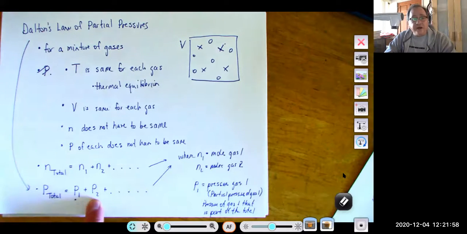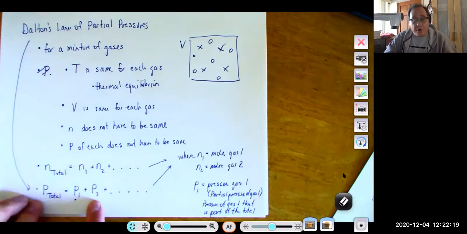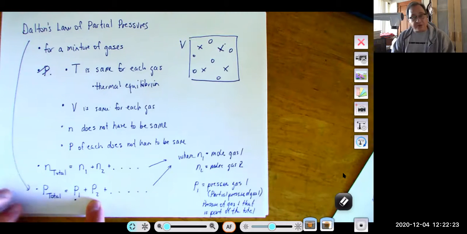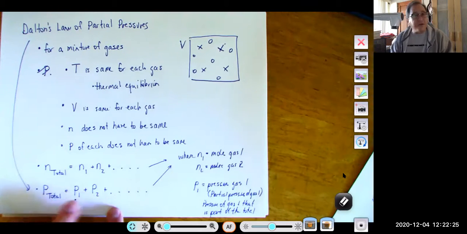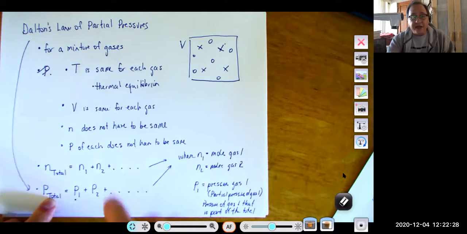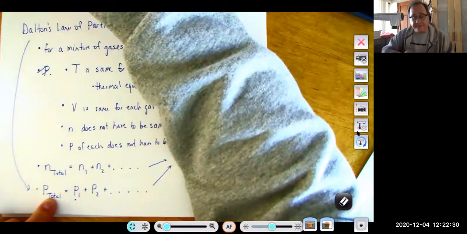When you're ready for me to tell you, give me a thumbs up. Just think about it. Maybe even write it down. What do you call that? Okay, great. This should be called the partial pressure of gas 2. Now, why is it called the partial pressure? Because it's a part of the total. Are we good on that? If we're good on that, give me a thumbs up.